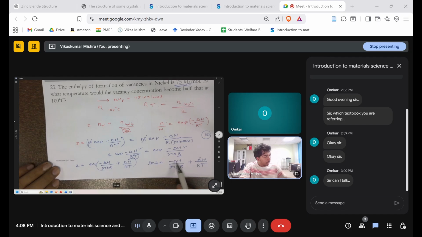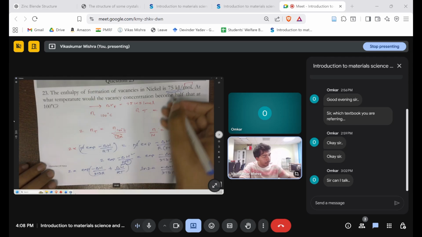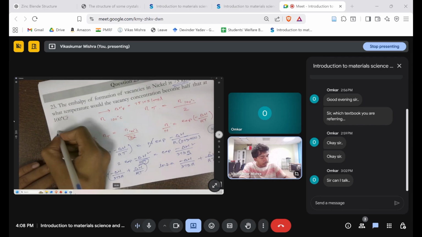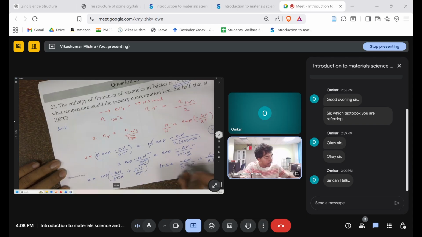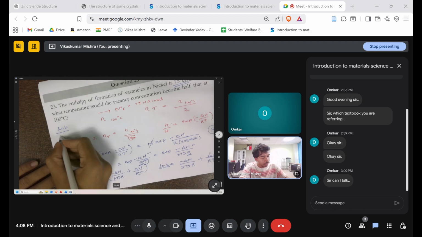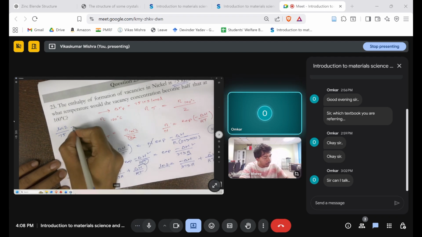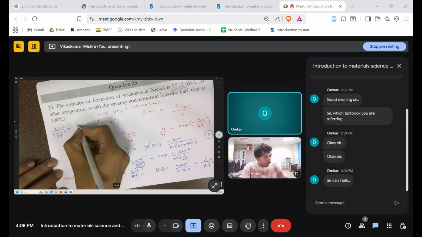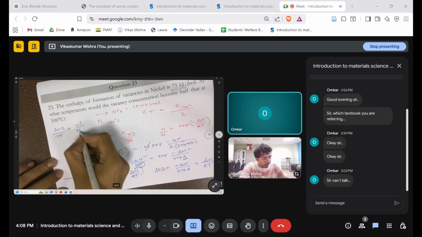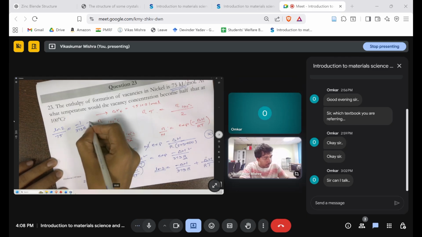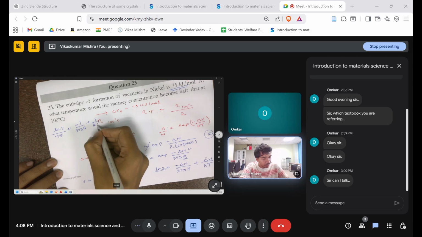We can substitute the value of delta H. Delta H is given to us, 75 kilojoule per mole. Let me do it here. ln2, delta H I can take common, and divided by, I will shift it to this particular side. This is 75, minus 1 over 373R plus 1 over R. R also we can shift.